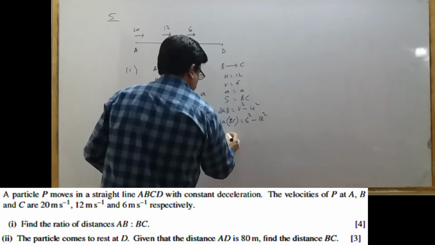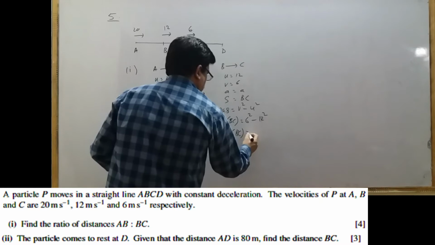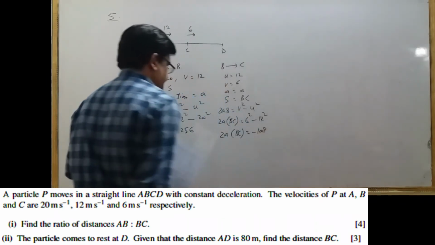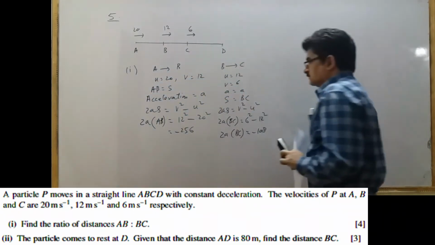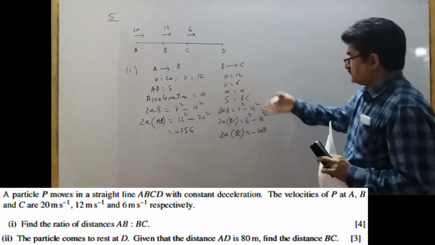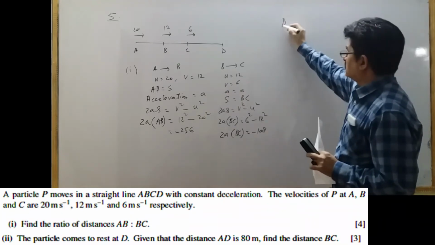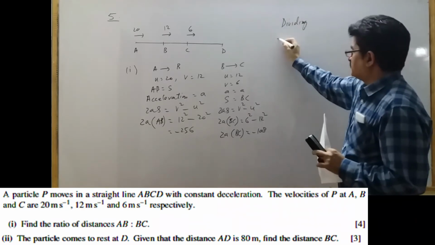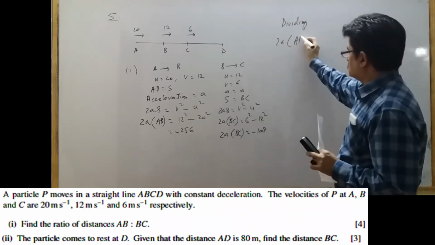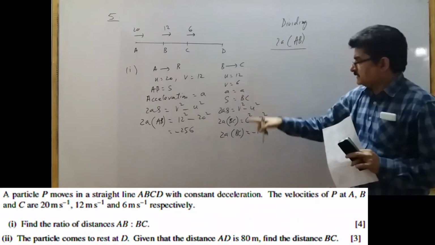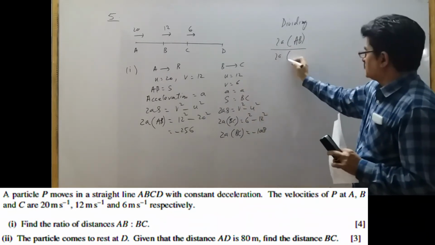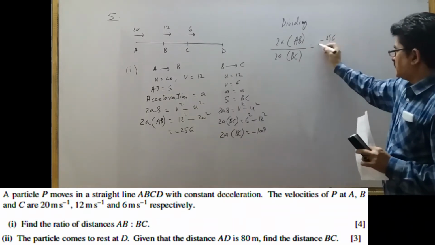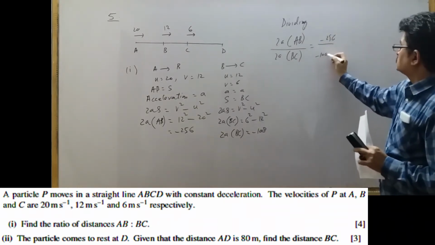Now you simplify, you will get 2a into BC, this is equal to minus 108. Now simple trick is that you divide that by this. So dividing we have 2a AB, left hand side will be divided by left hand side, and right hand side is divided by right hand side, it is minus 108.